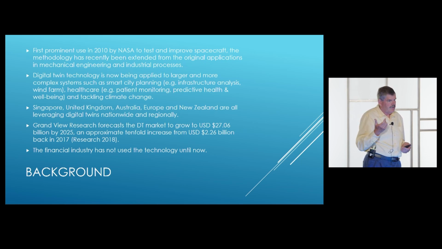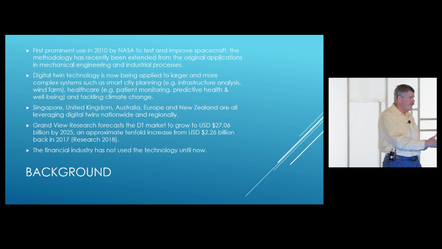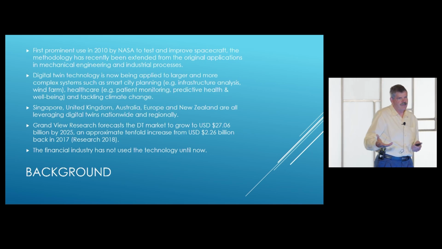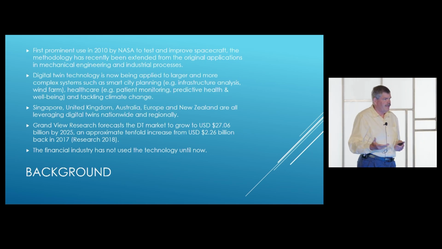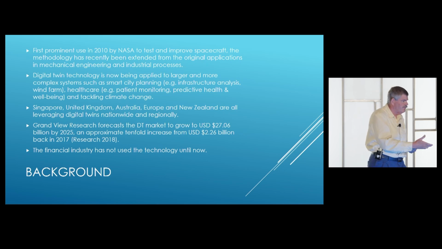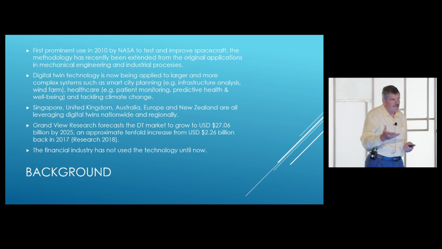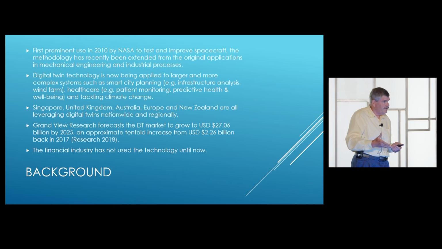I suggested we explore this digital twin mechanism. So we built a digital twin of the desired state of Christchurch after recovery from the earthquake. That gave us all kinds of insights about people traffic, car traffic, and the facilities that were going to be needed, and where they were needed. It was a wonderful opportunity to replan a city that was fundamentally devastated. So that's a little bit of the background.